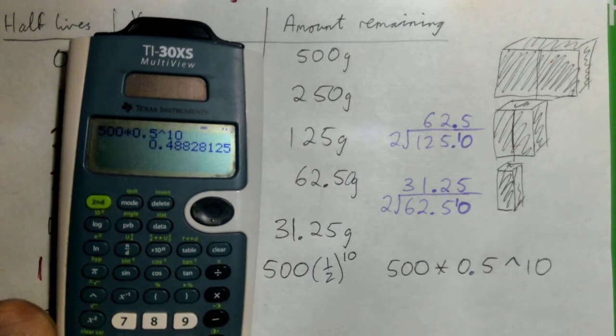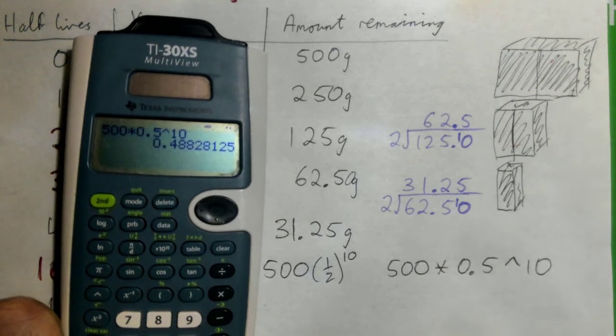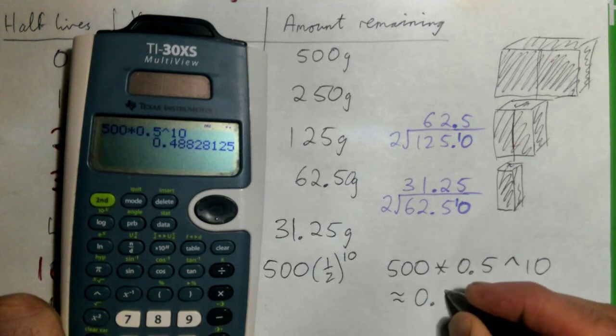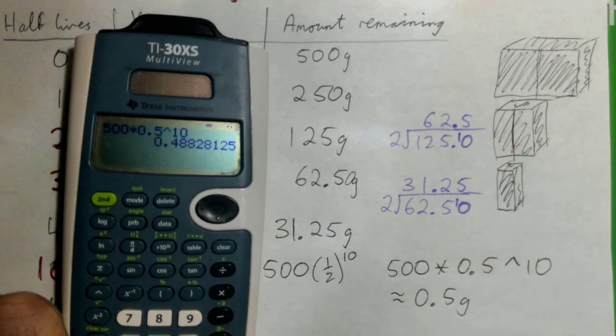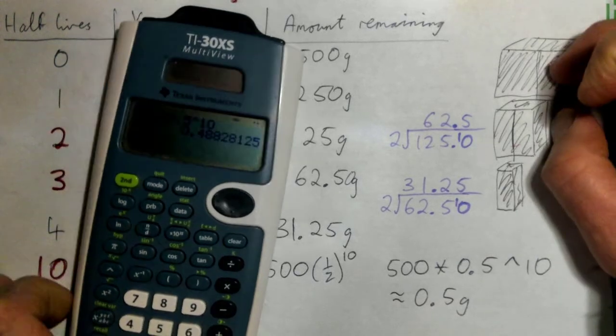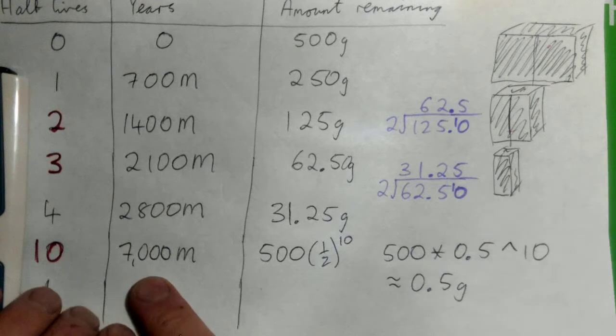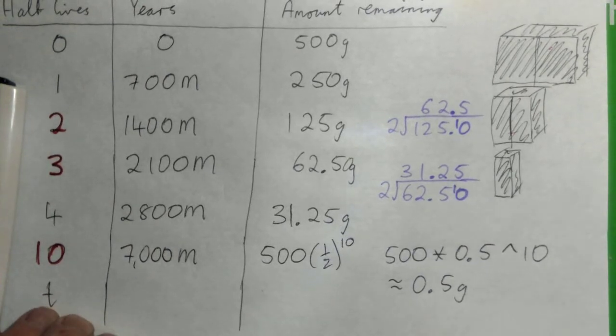And one gram is like a little pinch of salt or something. It's a small amount. So we'll just call that about 0.5 grams and be good with that. Okay, around half a gram. Make sense? So our half a kilogram after 700 million years has reduced to like a pinch of salt, right?